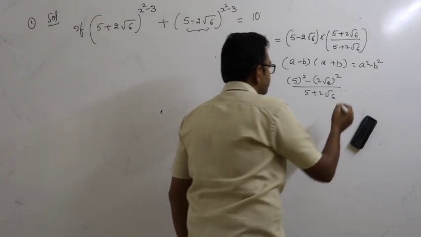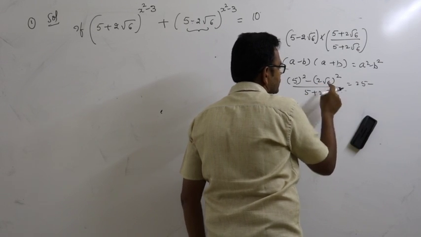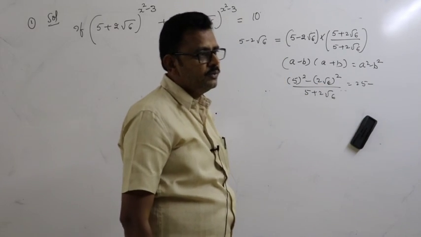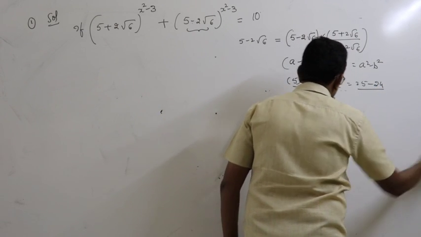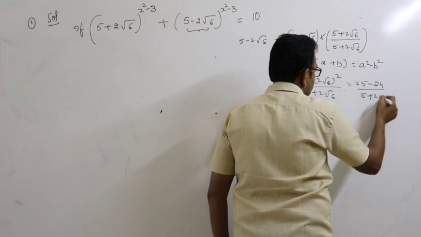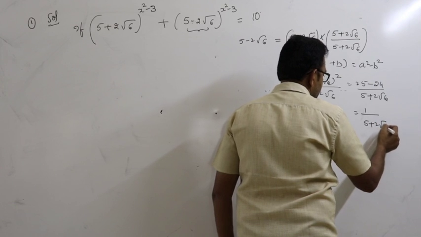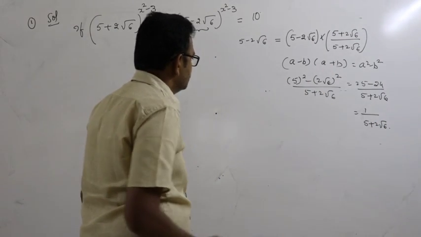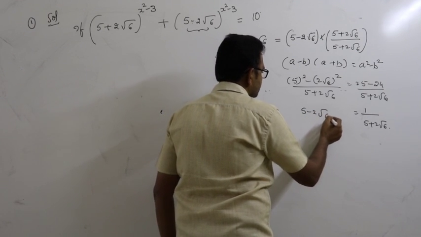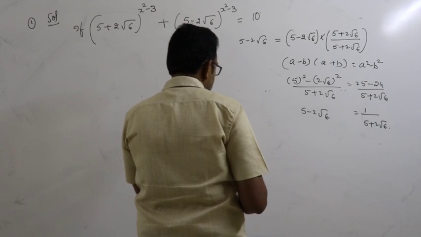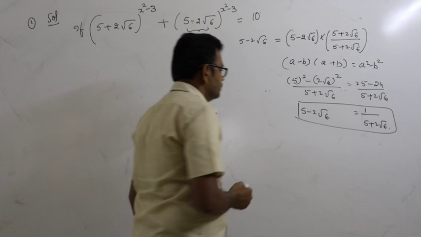So this is 25 minus 4 into 6, that is 24, by 5 plus 2 root 6, which is 1 by 5 plus 2 root 6. So 5 minus 2 root 6 is equal to 1 by 5 plus 2 root 6.